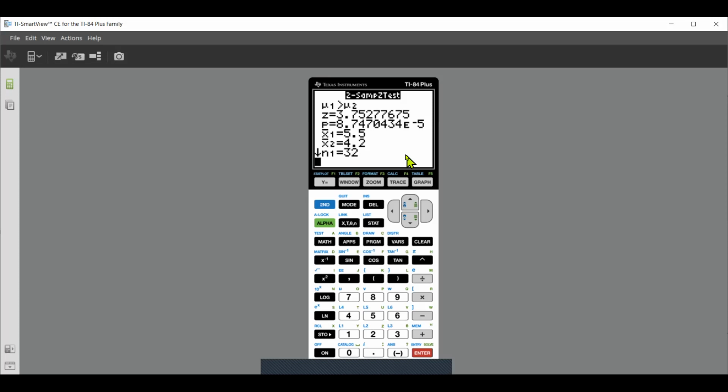So that's going to be 4 zeros and an 8, which if we want to round this to 4 decimal places, is going to be 0.0001. So your p-value is 0.0001.